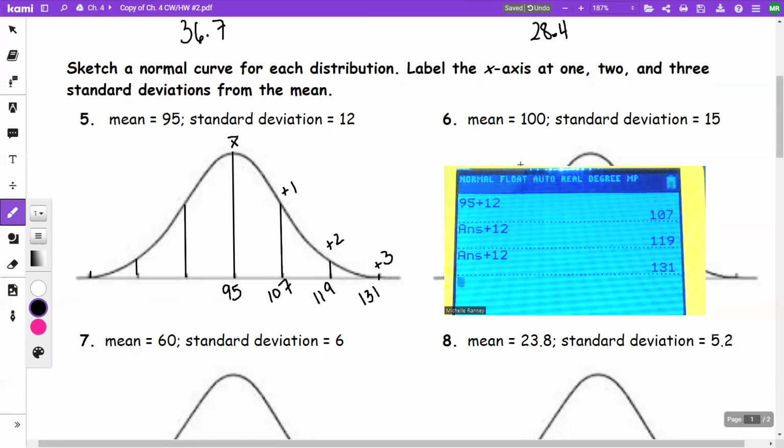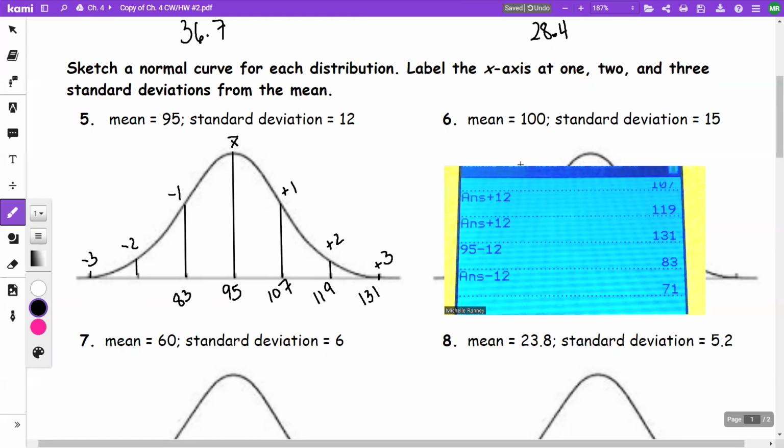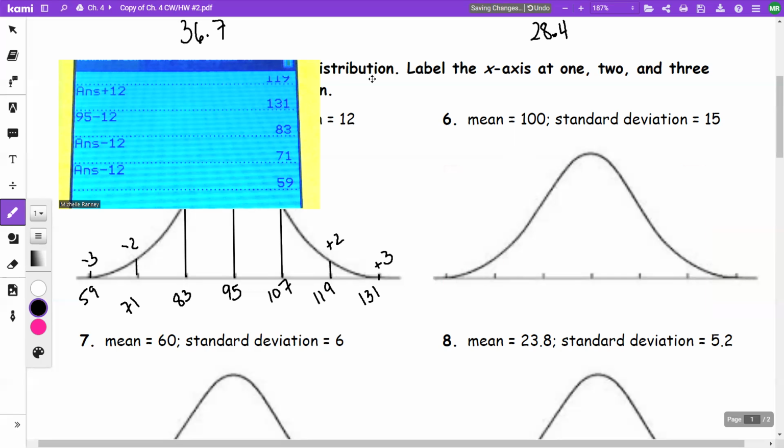Now I'm going to go the other direction. 95 minus 12 is 83, and this is going to be -1, then -2, and then -3. 83 minus 12 is 71, and then minus 12 again is 59.